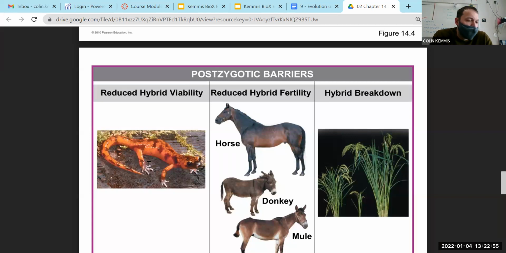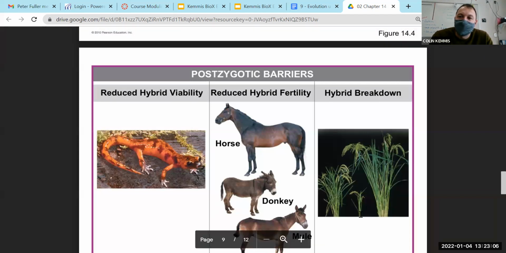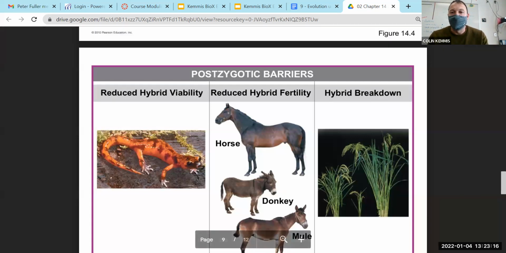And then when you have a little bit of both, that's called hybrid breakdown. The rice hybrids at the left and right are fertile, but then farther down after they breed again, the next generation are smaller and sterile and not viable. So they're not viable and they're not fertile 2 or 3 or 4 or 5 generations later. That's called hybrid breakdown.